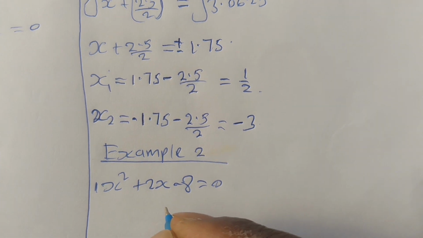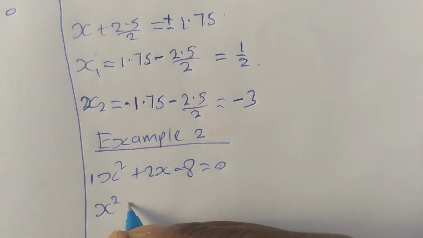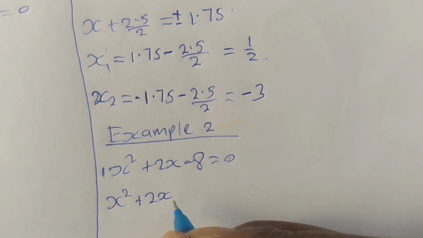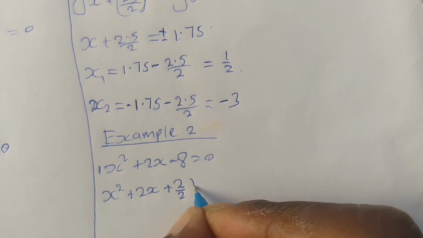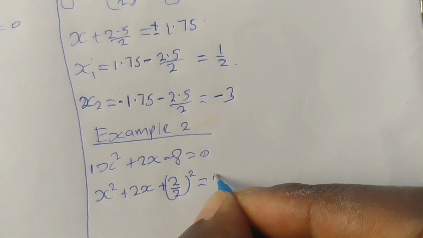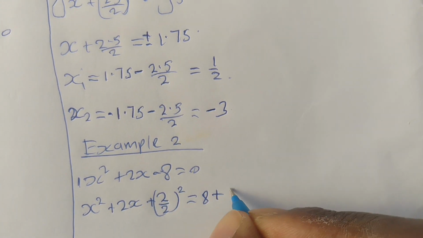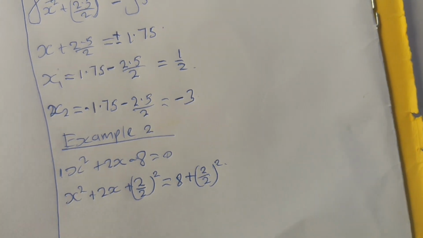We just go direct. So it will be x squared plus 2x plus (2 divided by 2) squared is equal to 8 plus (2 divided by 2) squared.